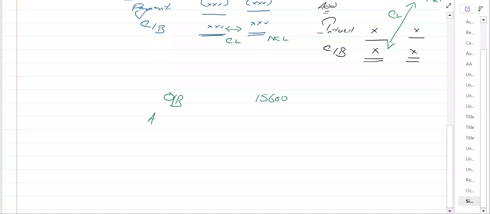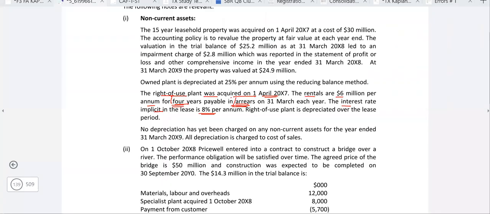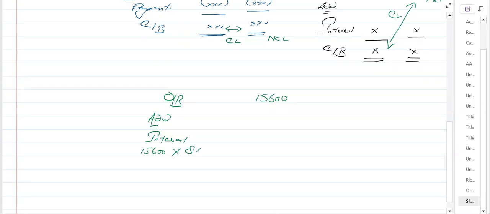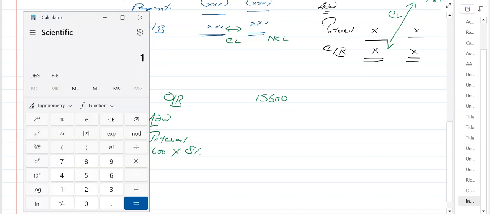And then you apply the interest on it. So interest is opening balance, which is 15,600, into the percentage, which is the implicit rate of return given here as 8%. So 15,600 into 0.08, you get 1248.